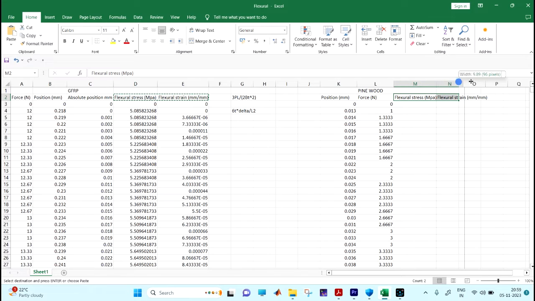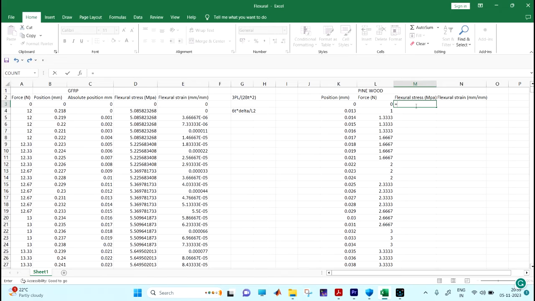Okay, in the flexural stress we are going to use the same thing, that is 3 into P into L, the span length, here also 90 mm, divided by 2 width. Width is 13 mm into thickness.